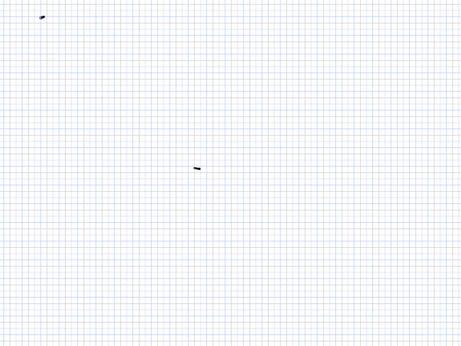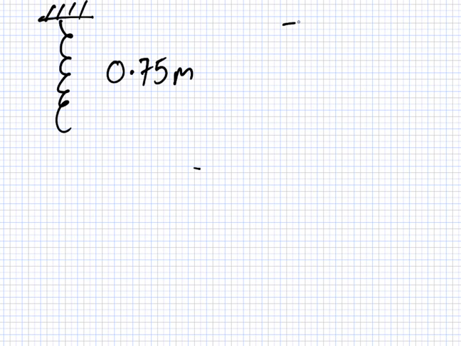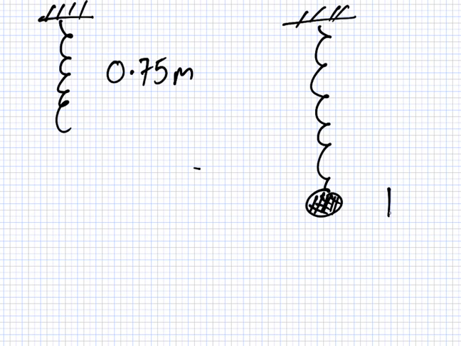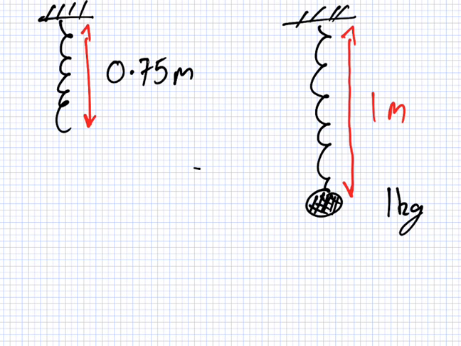You have a spring. Let's say its length is 0.75 meters. And then you come along and you put a mass at the end, a 1 kilogram mass. And because you did that, the length is now 1 meter instead of 0.75.